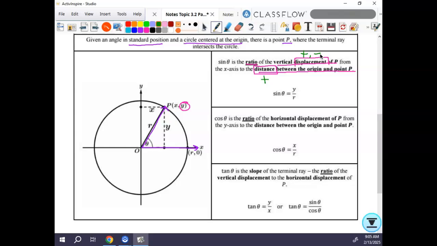So this y here, because my y can be positive up here, it'd be negative down here. So the vertical displacement, if I go up, it's positive. If I go down, it's negative. But when I draw my triangle in there, if I take the right triangle out, even if the right triangle was down here, all the lengths are positive, right? Because it's the length of the side of a triangle, but the displacement is actually negative. So there's a little physics lesson if you didn't know.